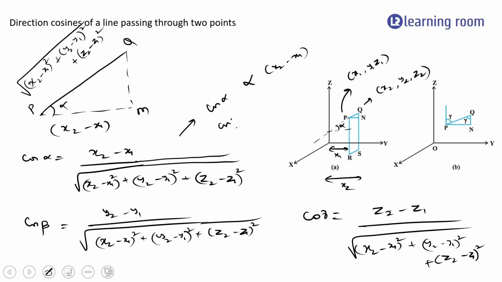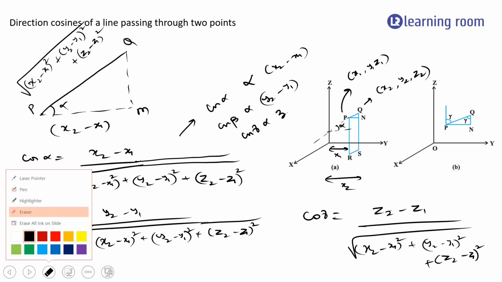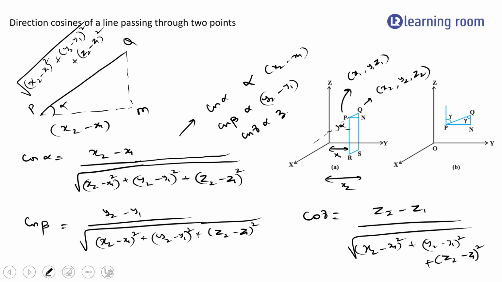Similarly, cos beta is proportional to y2 minus y1 and cos gamma is proportional to z2 minus z1. So cos alpha, cos beta and cos gamma being the direction cosines, they are proportional to the values x2 minus x1, y2 minus y1 and z2 minus z1.